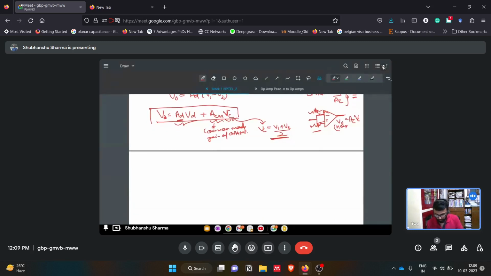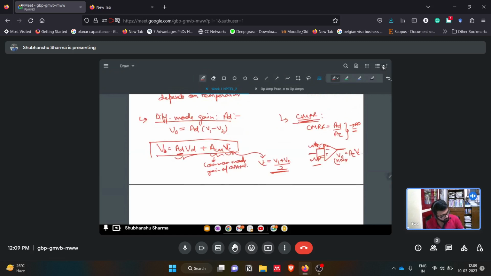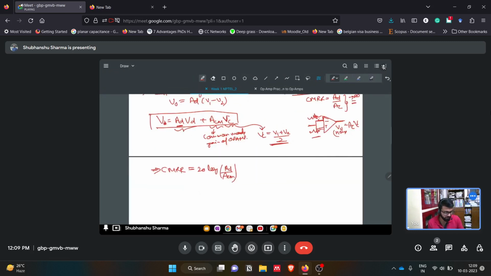And one more thing, CMRR equals 20 log (AD by ACM). So it is normally given in dB scale.